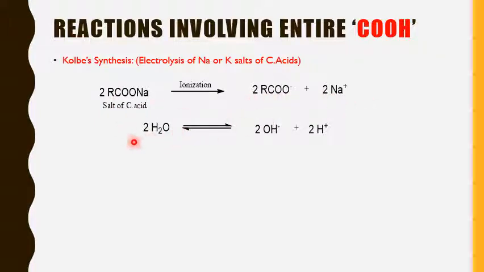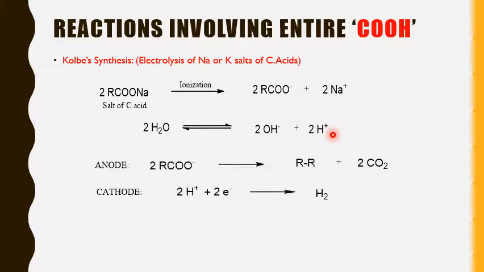Similarly, since we are taking aqueous solutions, the water will have the ions OH minus and H plus. So when you pass electricity into this aqueous solution of salts of carboxylic acid, what do you have at the anode?